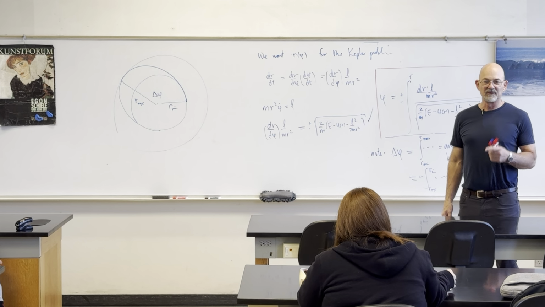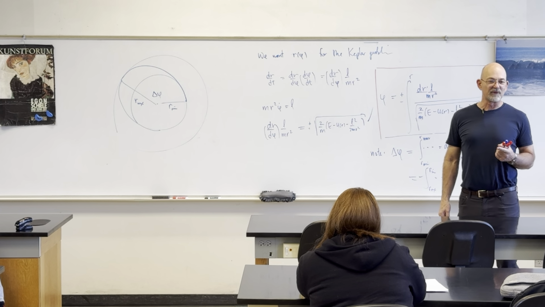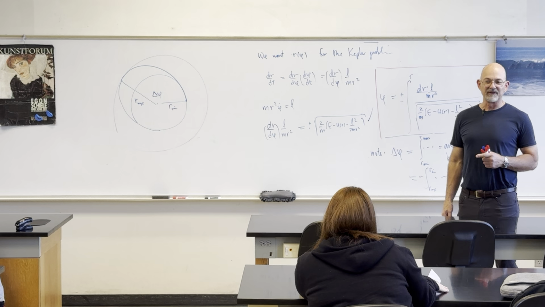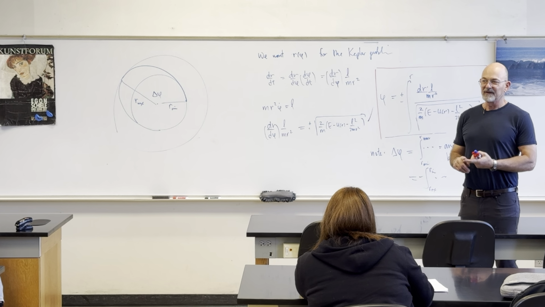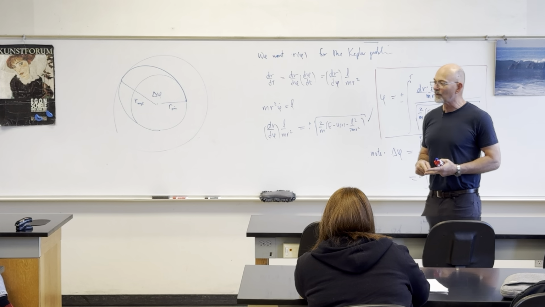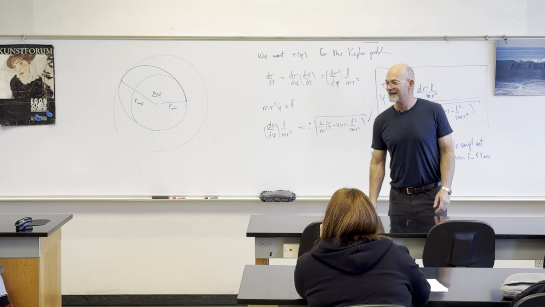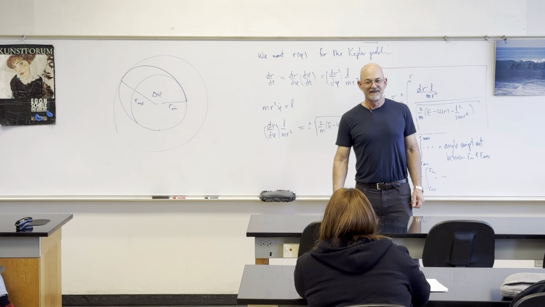The Kepler problem is really one of the most important problems in all of mathematical physics. That and the quantum mechanical Kepler problem, which is what? You guys know what the quantum mechanical Kepler problem is? It's the hydrogen atom, right?